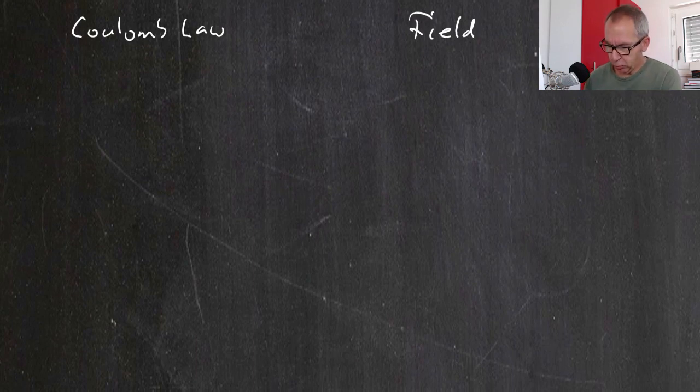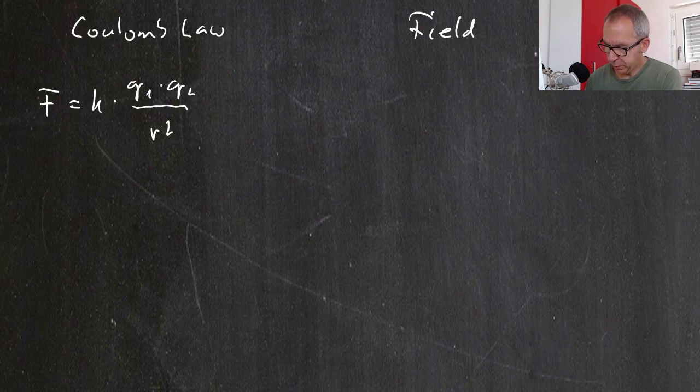So let's write down Coulomb's law. K times Q1 times Q2 over R squared. Or we can use the approach with the electric field, where the force is given as Q times E. The electric field E is produced by the charge Q1, so the Q here, the test charge, is Q2.